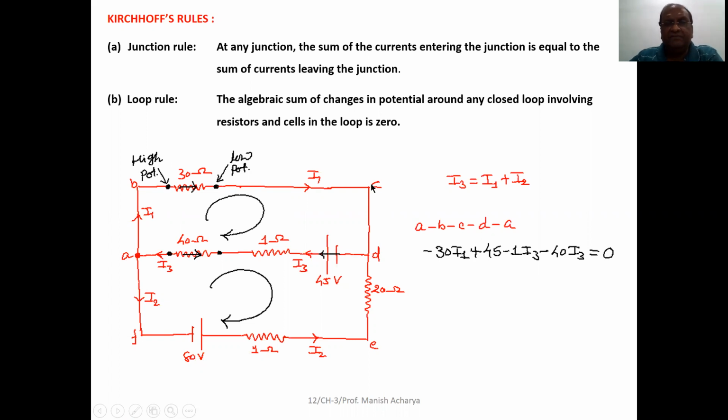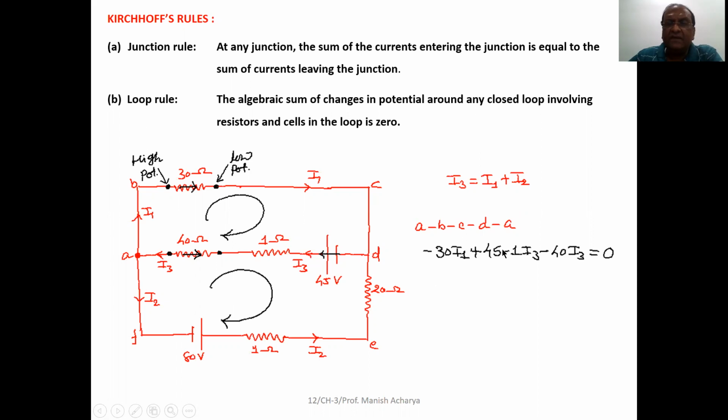Then after, when we move from C to D, there is no component, so no potential drop. Then after we move from D to A, here is the battery of 45 volt. So the potential difference between the two terminals of the battery is 45 volt.